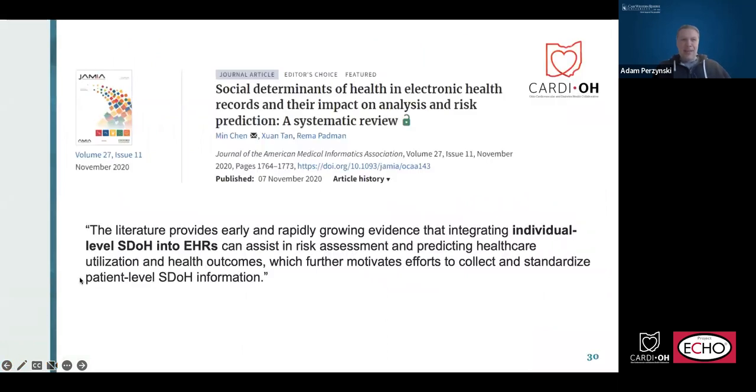There's this statement from this very nice review. The review is very good. It's super positive. It says that there generally is a good reason to continue to do this, but notably, one of their primary conclusions is that one of the best reasons to do these social needs screenings has little to do with the individual benefit that individual patients receive, like getting food, and a lot more to do with population health and policy: knowing what component of the population actually has needs, being able to make predictions, and then being able to move larger resources.